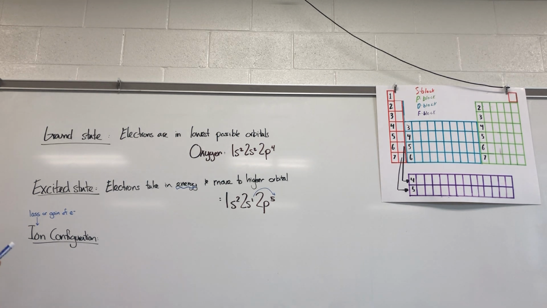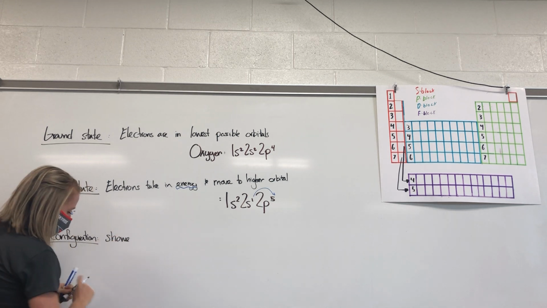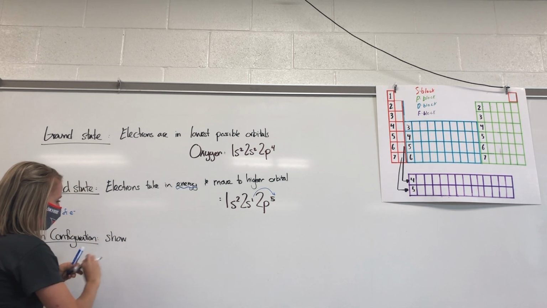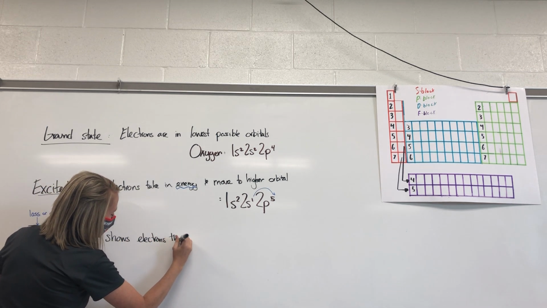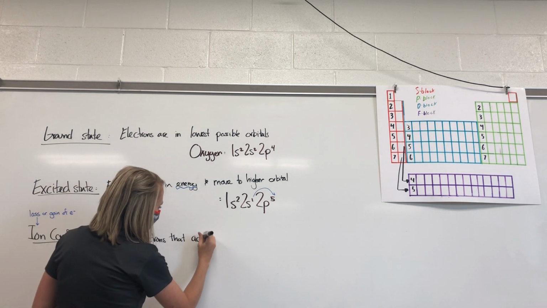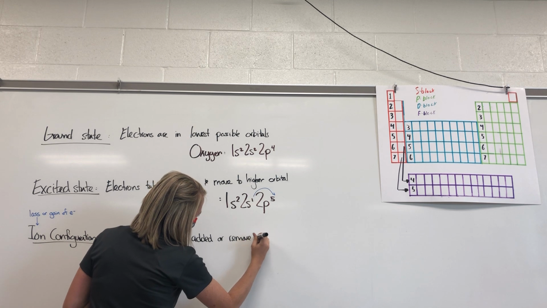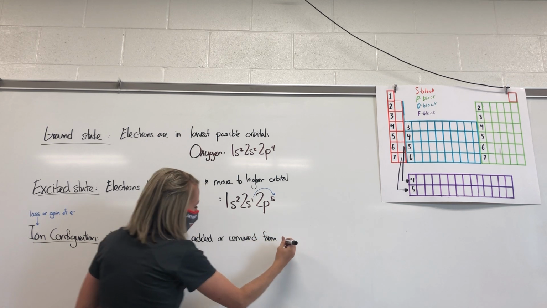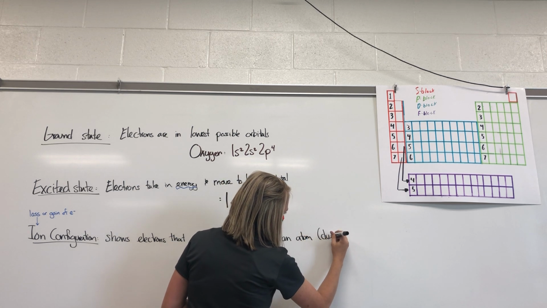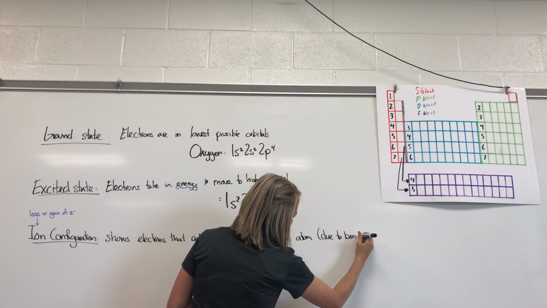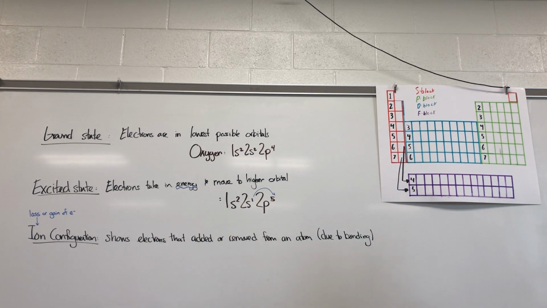Okay? So, for example, an ion configuration shows electrons that are added or removed from an atom, and it's normally due to bonding, which we'll get to next time.